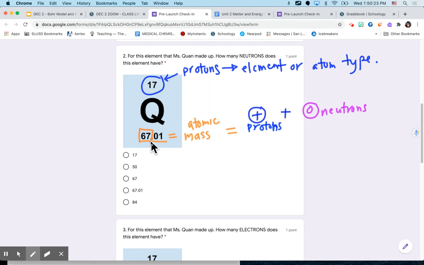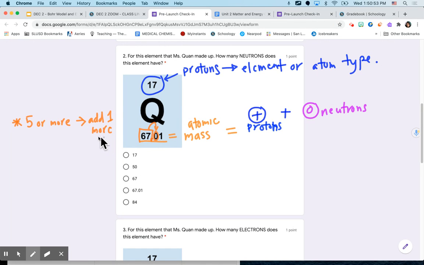But to help me round, I have a rhyme to help me remember how I should round. If I'm rounding to the nearest whole number, and the next number after that, in this case, is 0, so if the number after that is 5 or more, you're going to add 1 more.